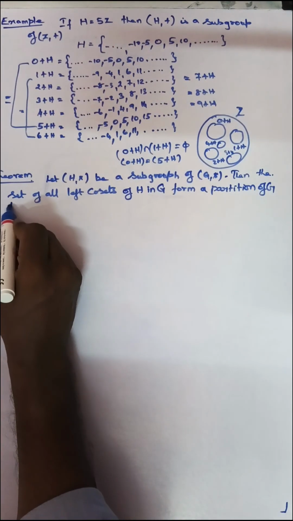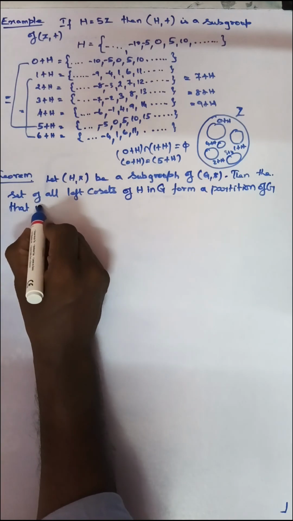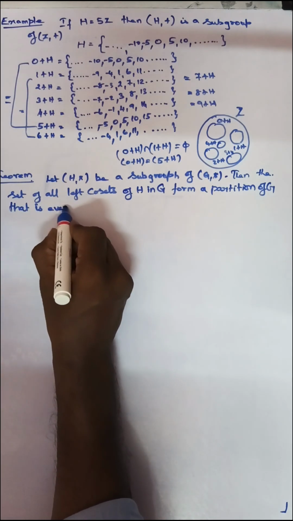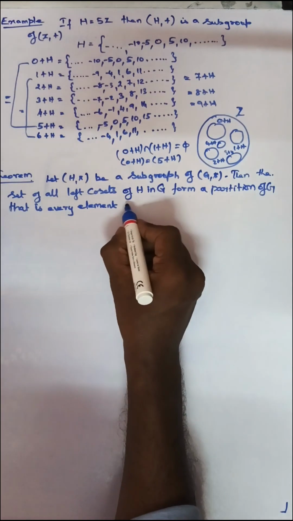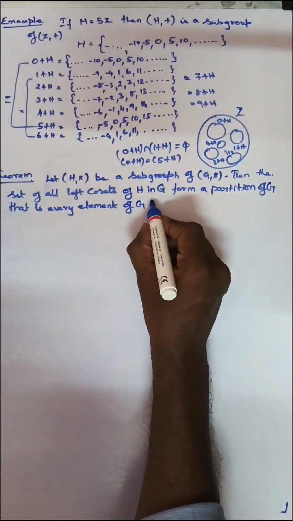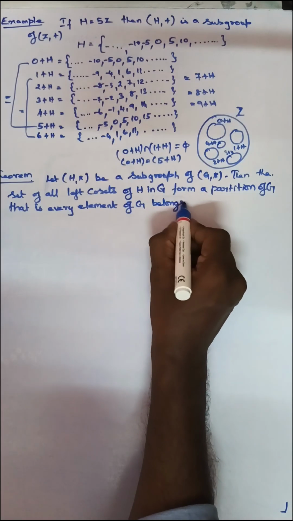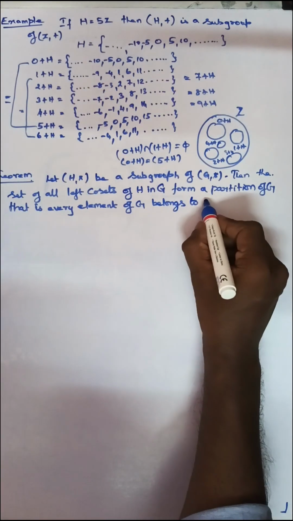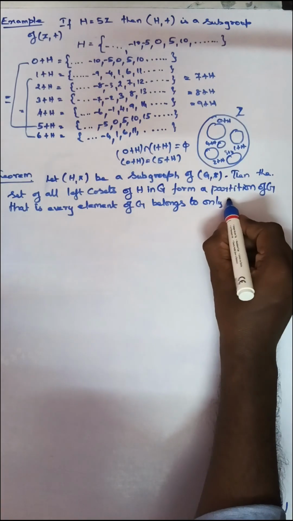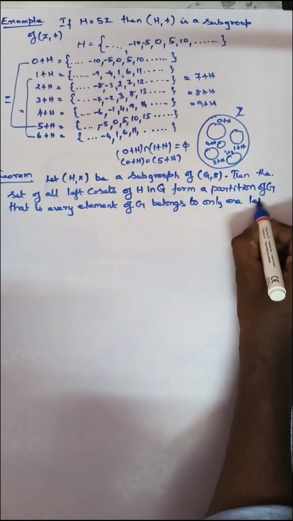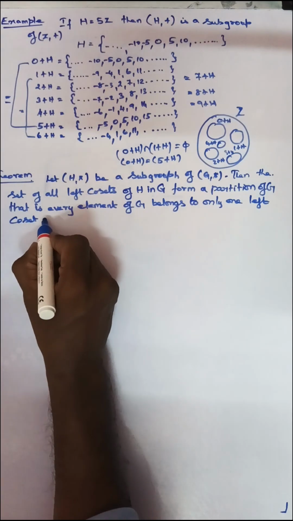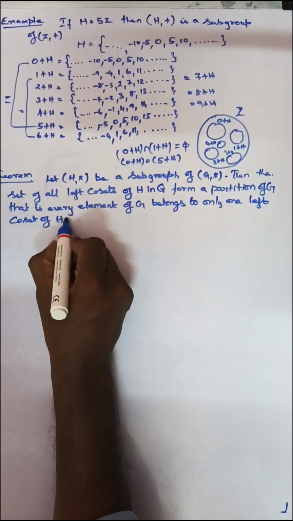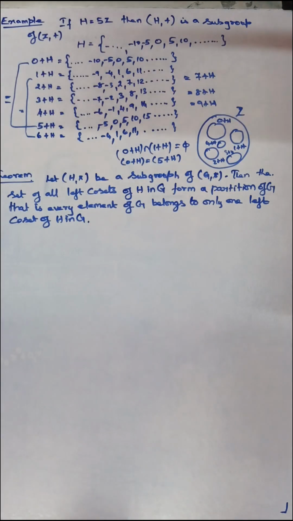that is, every element of G belongs to only one left coset of H in G. This is the first theorem we're going to prove.